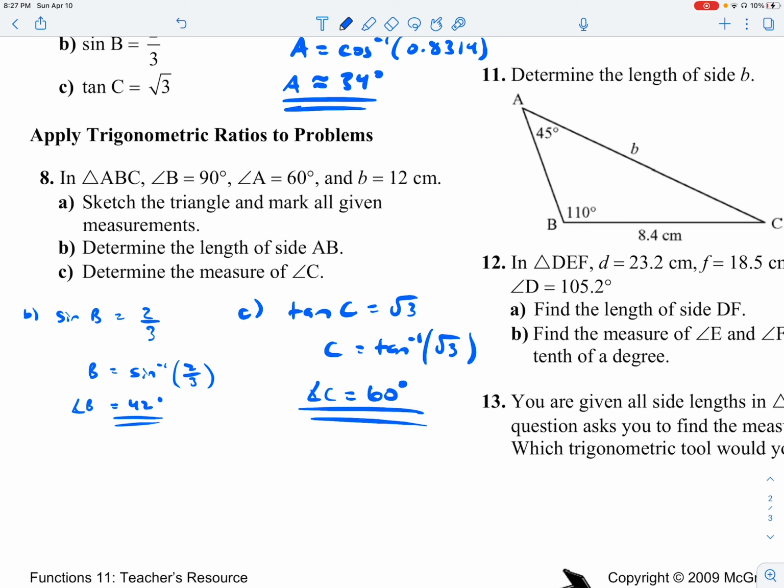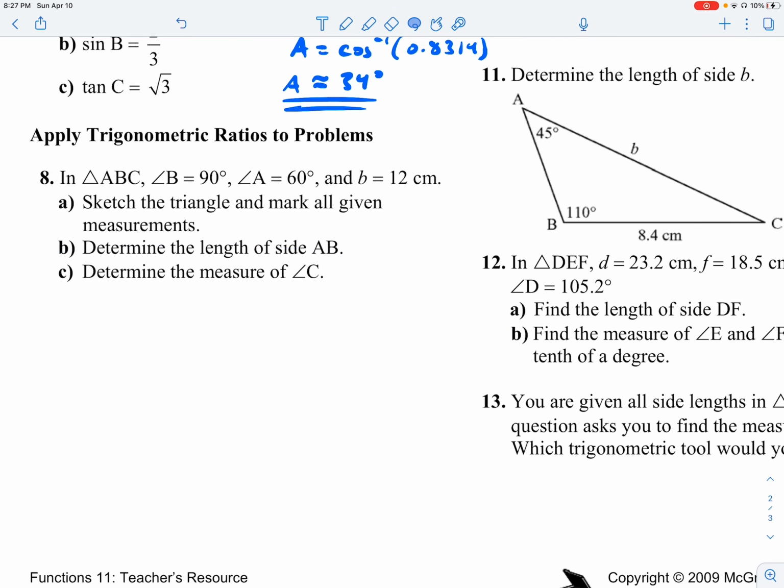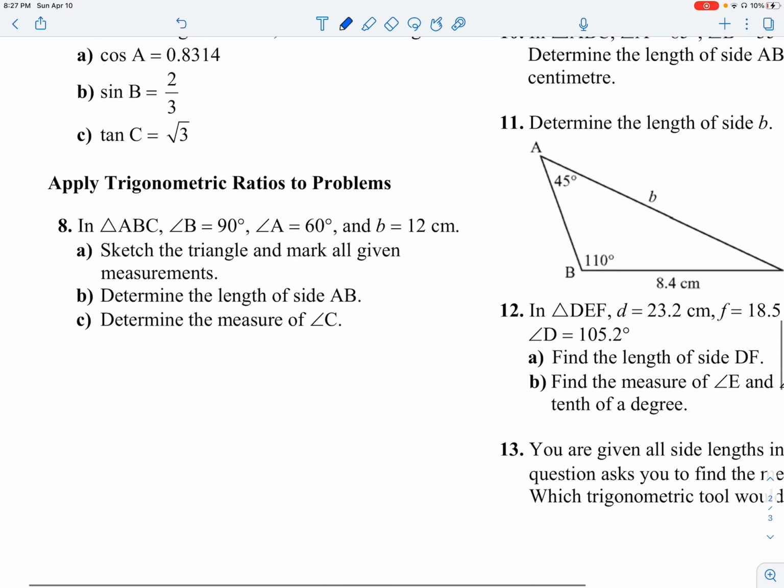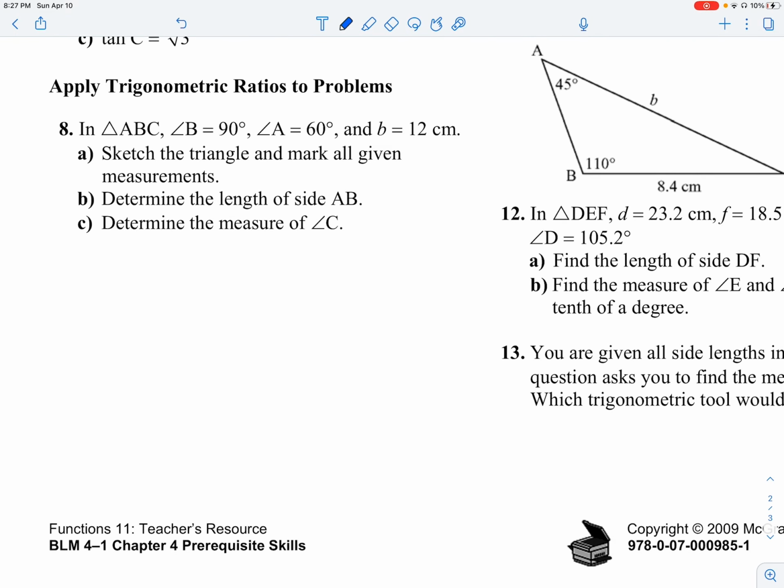Okay, we are cruising. Let's look at number 8. I'm just going to delete these. This is triangle ABC. Angle B is 90, angle A is 60, and b is 12.